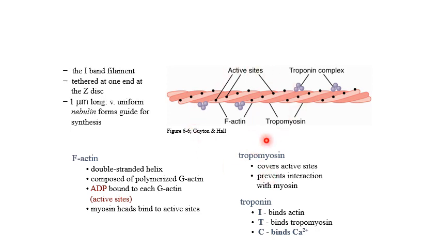So this is the basic structure of the actin molecule. These are the active sites you can see denoted here in black on the F-actin molecule. And F-actin, I told you, contains G-actin molecules which are bound to ADP. And then you have the troponin complex which has three types, I, T, and C, for their different physiological aspects.